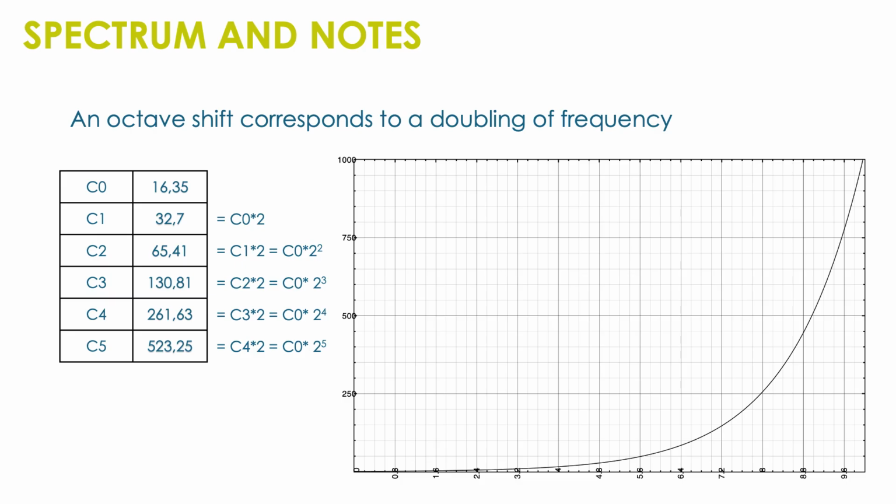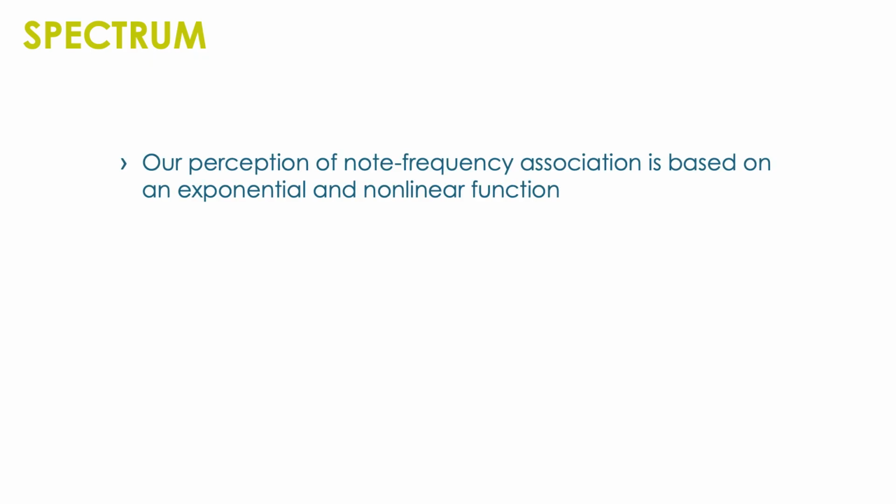Now, if we consider a note and we double the octave, we double the frequency. This exponential relationship underlines how we perceive musical scales and harmonies. As a consequence, our perception of note frequency association is based on an exponential and nonlinear function.